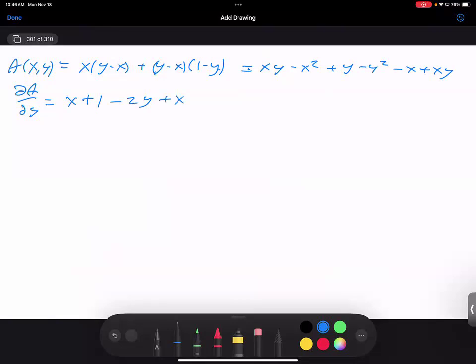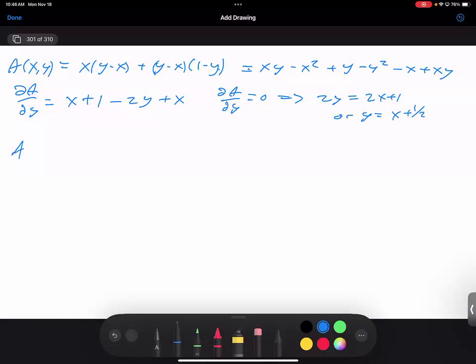And that's the same as what we got before. So it looks like dA/dy equals 0 implies 2y equals 2x plus 1, or y is equal to x plus 1/2.